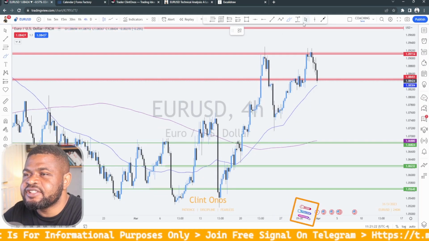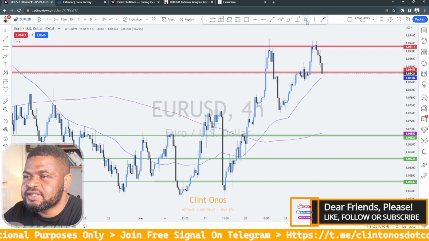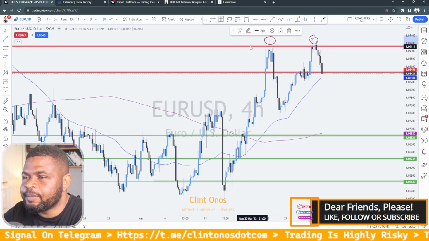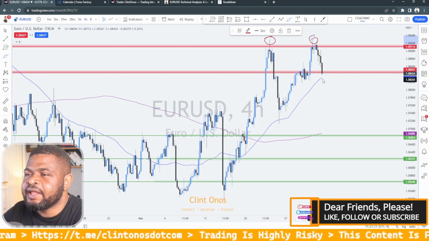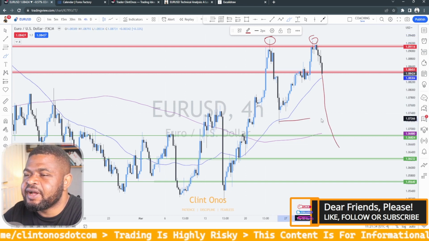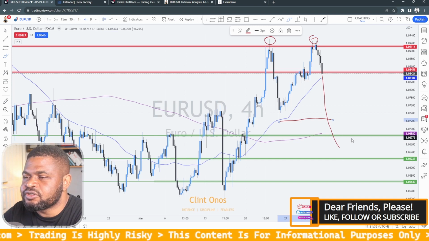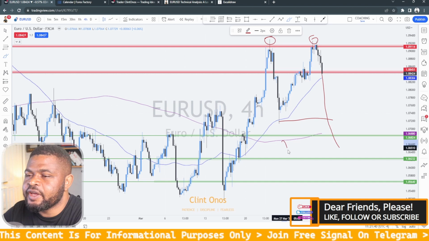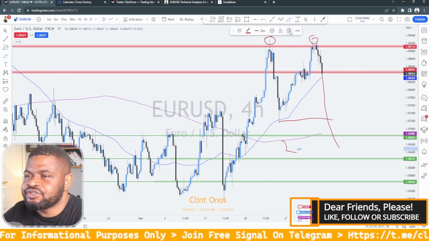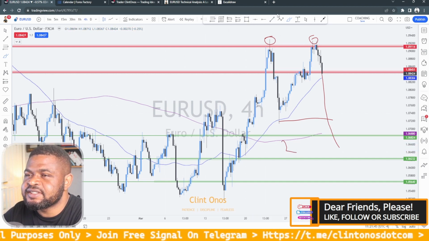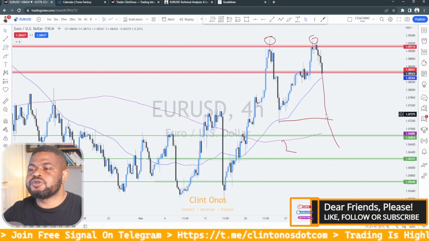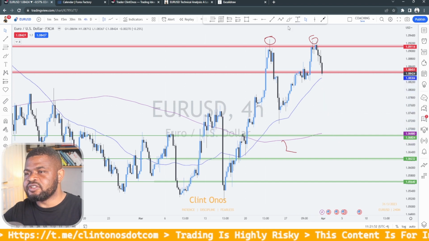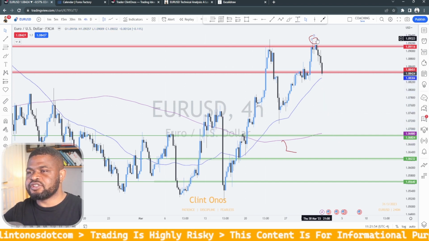So you can see price is creating a double top pattern, right? And expect that price might likely just take this low to test this demand zone, where we can clearly see a 200 moving average right there. So we might likely see that forming a support, who knows, but that is what I am thinking going forward for the next trading week.